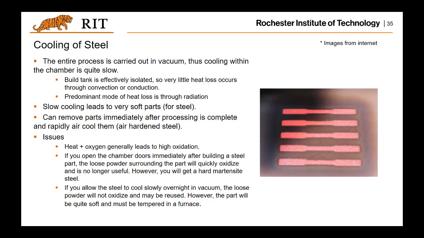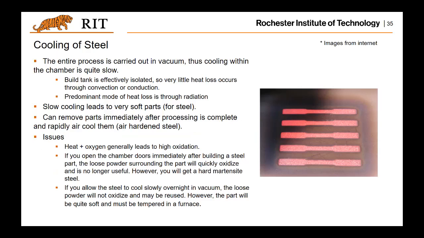Also, the cooling of the printing material, specifically steel, will be critical, because the cooling speed will lead to different material properties. Usually a slow cooling leads to very soft parts.